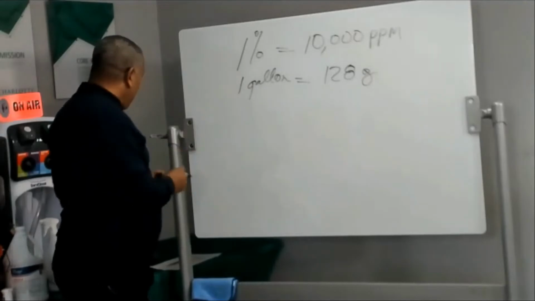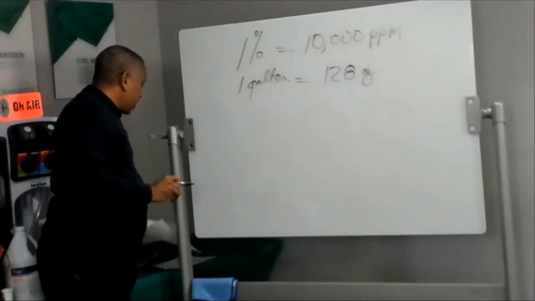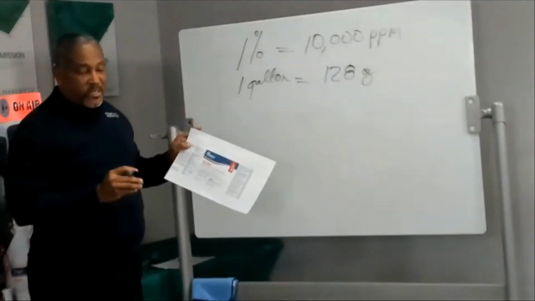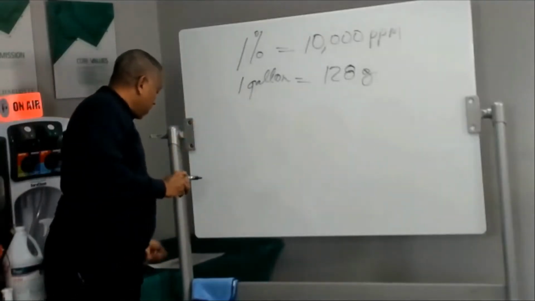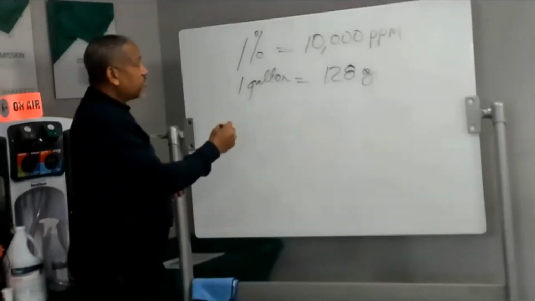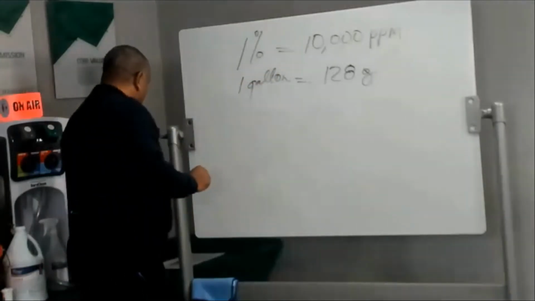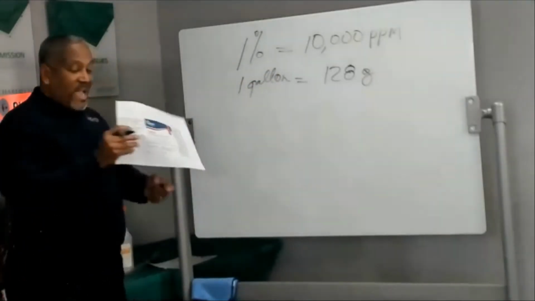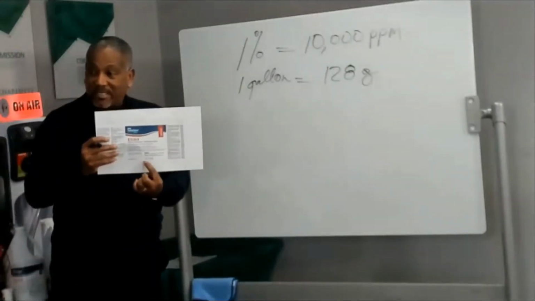So when we've got a label that says something along the lines of 2 ounces per gallon, what does that mean? We know for sure that the active ingredients on this list are what matter.